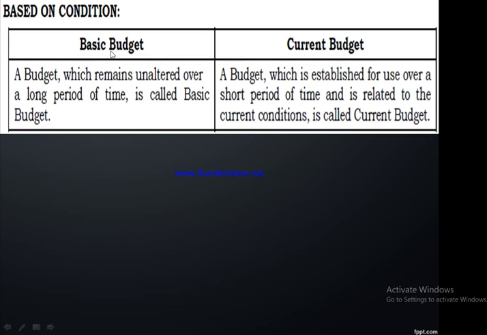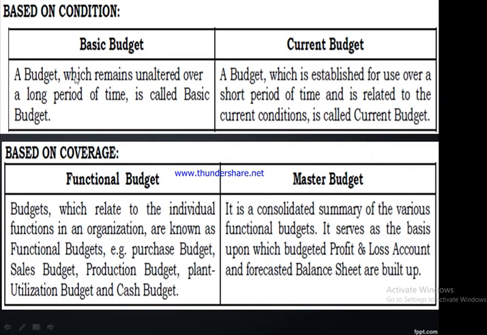Then we have basic budget and current budget. The basic budget basically means whenever the things are not going to alter over a long period of time, wherein we keep the same things in our budget preparation, then we call that kind of budget a basic budget.